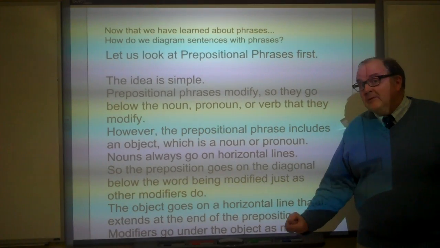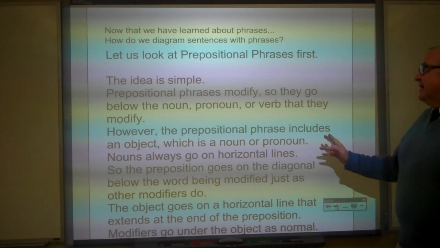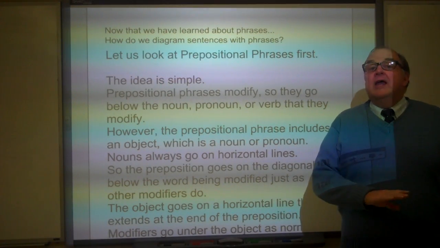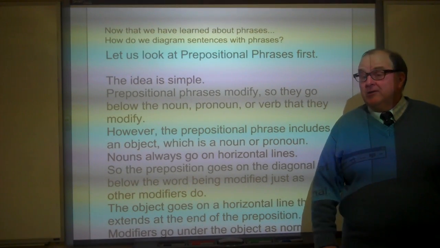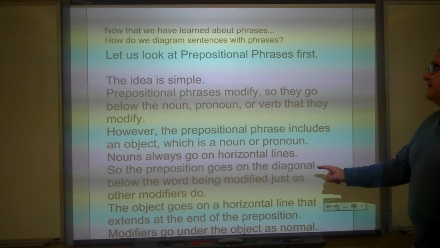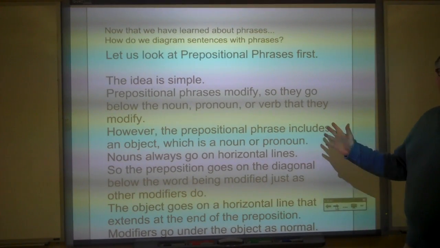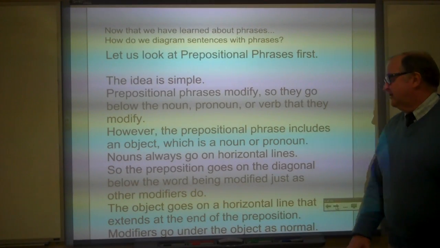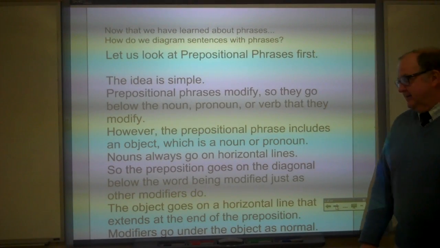However, a prepositional phrase, unlike an ordinary adverb or adjective, includes an object. Objects, nouns and pronouns, normally go on horizontal lines. So the preposition goes on the diagonal below the word being modified, just as other modifiers do, and the object goes on a horizontal line that extends at the end of the preposition.